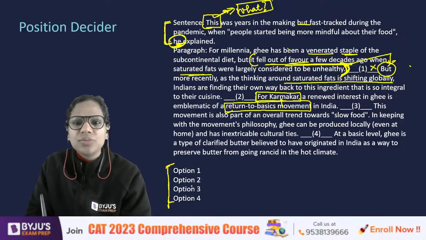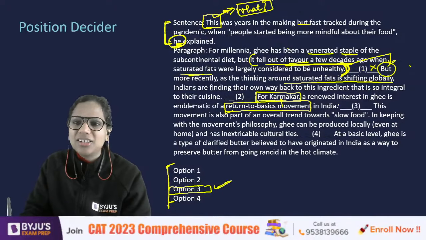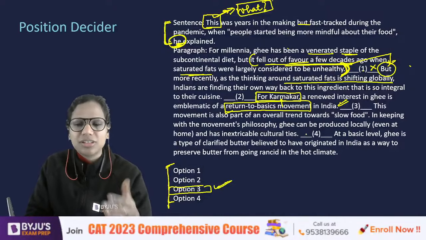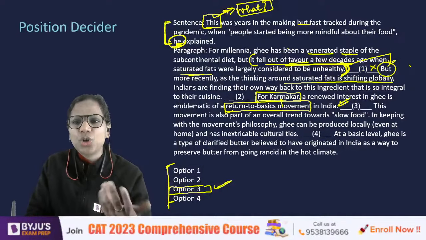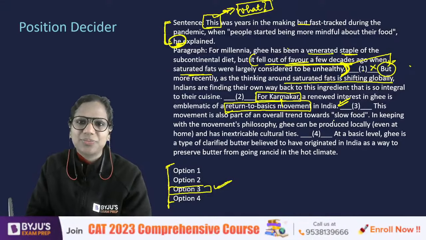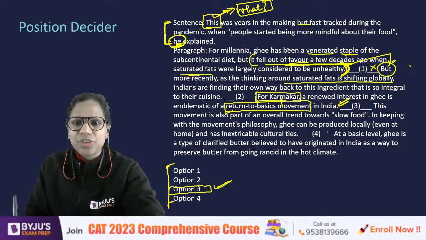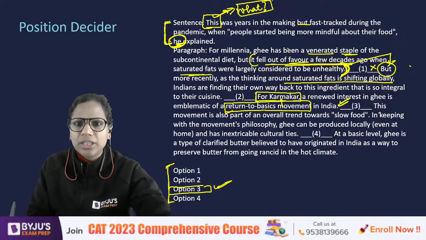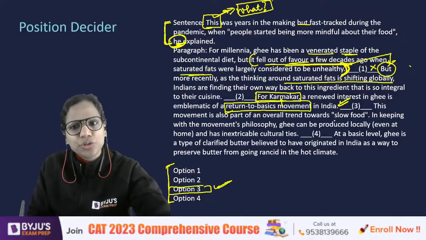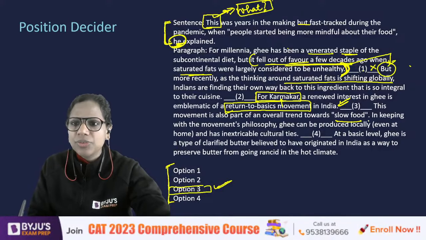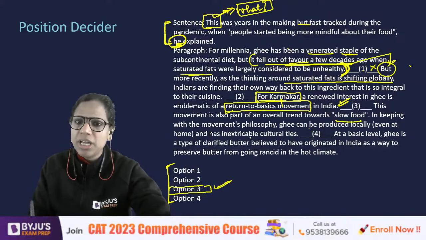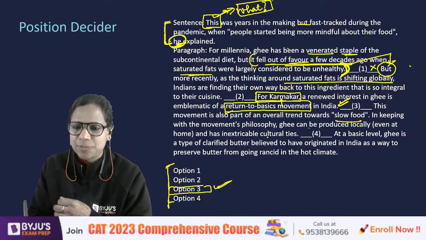Okay, so it is option 3 that fits the best. Here the sentence fits the best. I haven't even seen 4 till now, but I'm pretty sure that 3 is the answer. Make sense, Vinay? If I look at the fourth one, this movement is also part of an overall trend towards slow food. In keeping with the movement's philosophy, ghee can be produced locally, even at home, and has inextricable cultural ties.